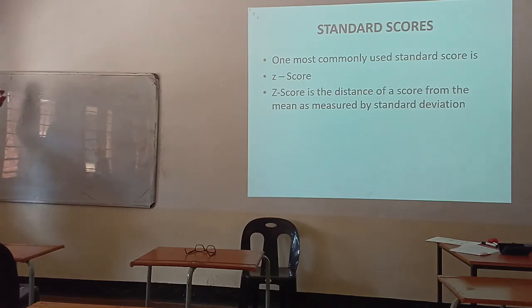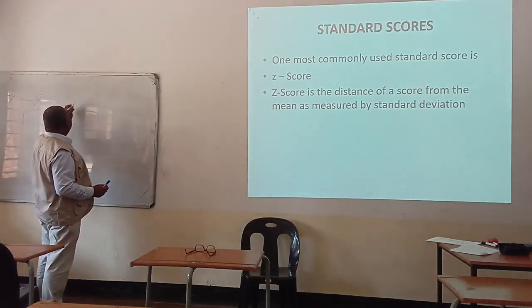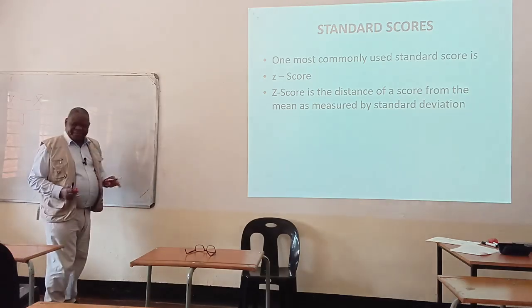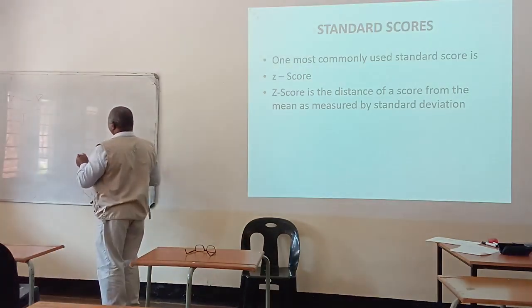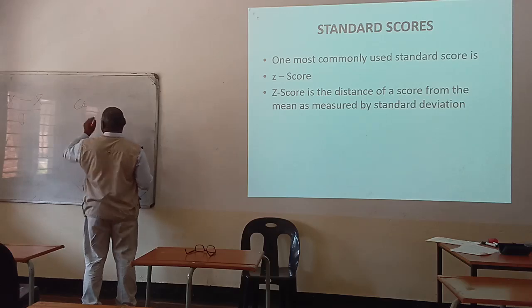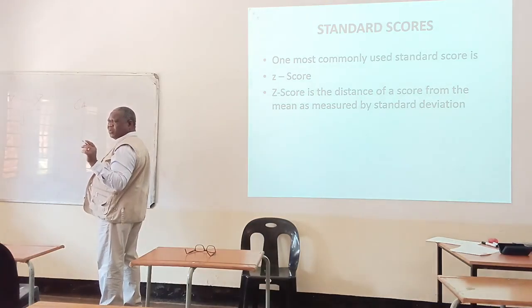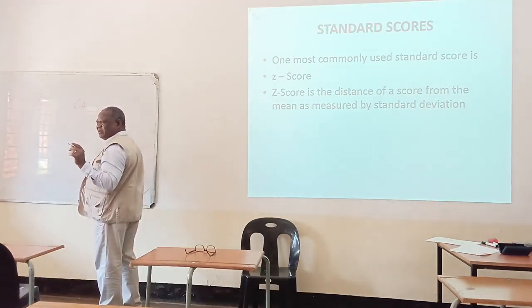In those scores we had there, let's use the one we did together. We had a score of 64, and we had a mean of 71.8.